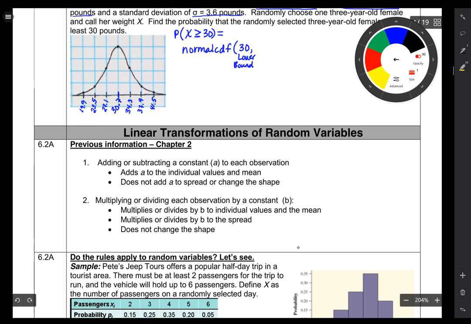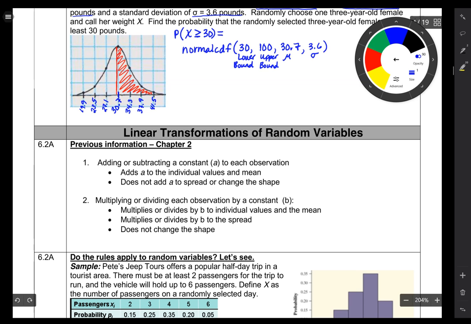Let me find 30, just a little right here, and so we want this probability. Upper bound is 100. We pick a really large number because our largest number to the right is 41.5, so just pick something bigger than that. Our mean is 30.7, and our standard deviation is 3.6.